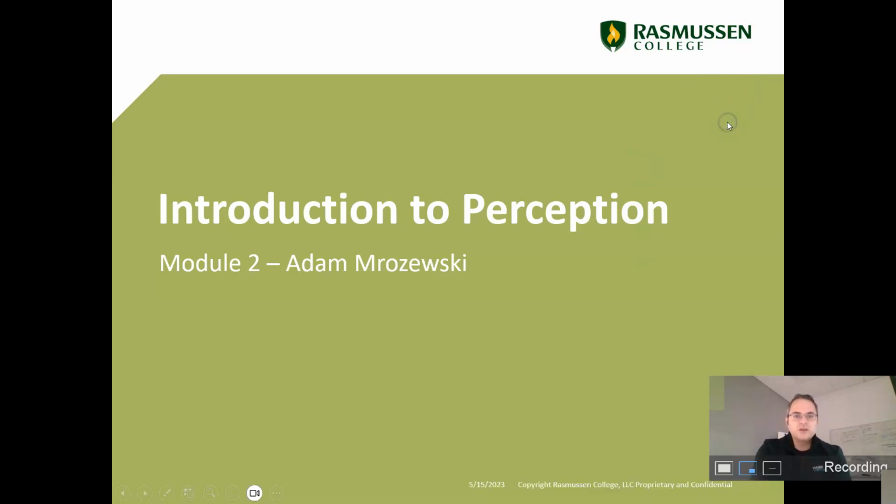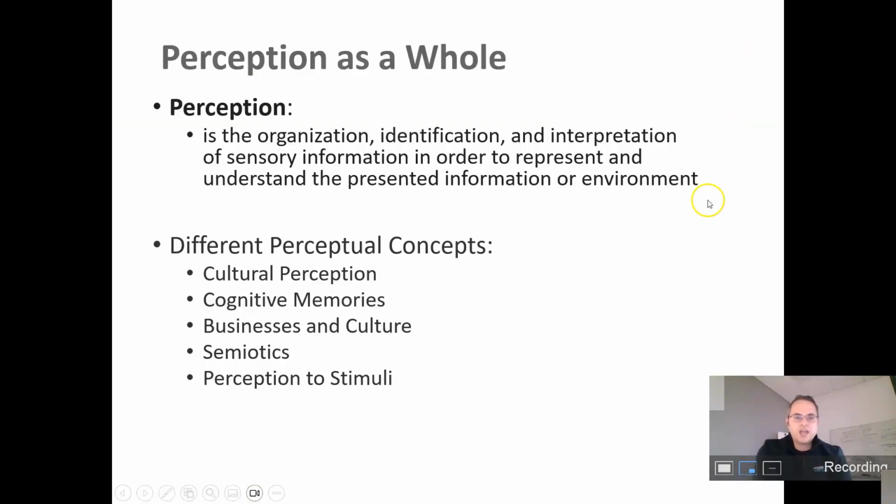So this week, we're going to go into perception. Perception is mainly the organization, identification, and interpretation of sensory information in order to represent and understand the presented information or environment. There are a lot of different concepts we're talking about. There's cultural perception, which involves perceptions based upon your cultural background. You also have cognitive memories that shape your perception based upon what you experienced or how you've gone through things.